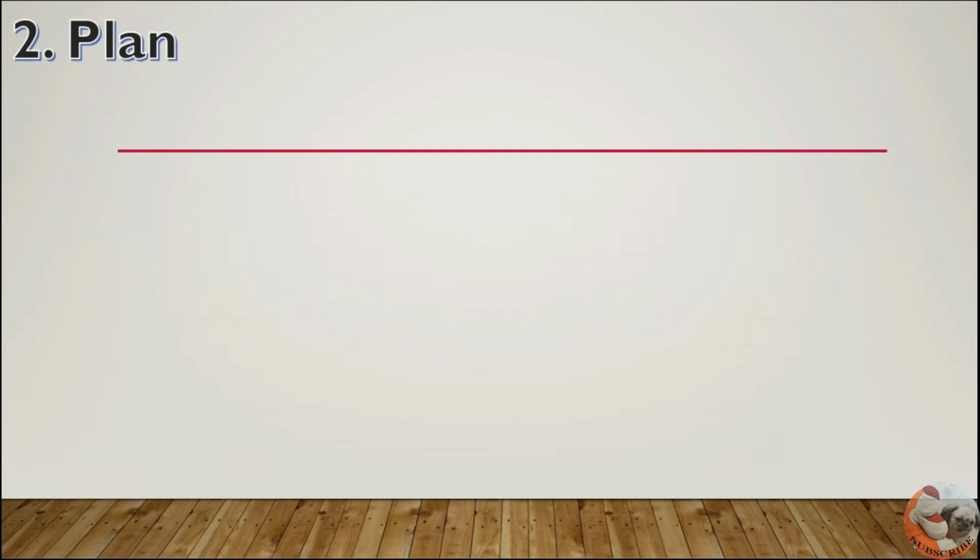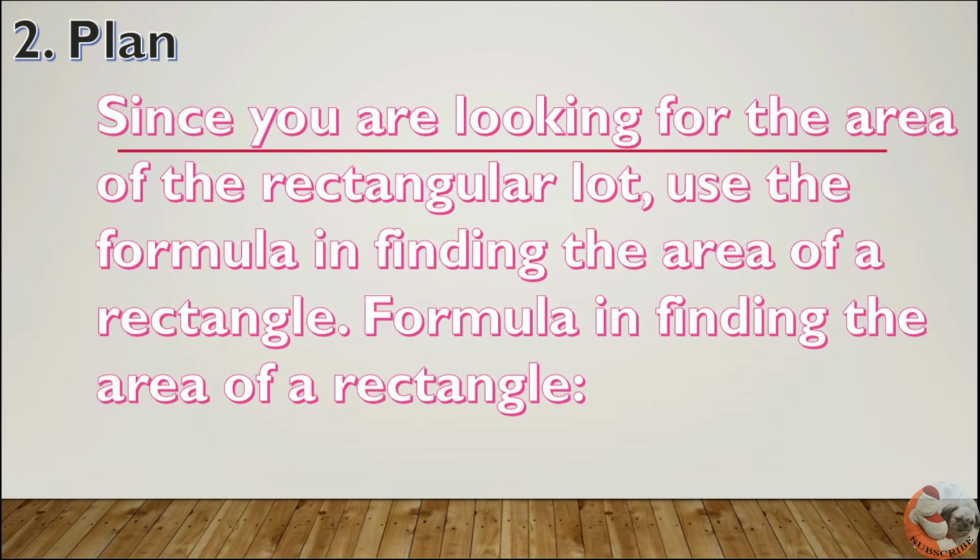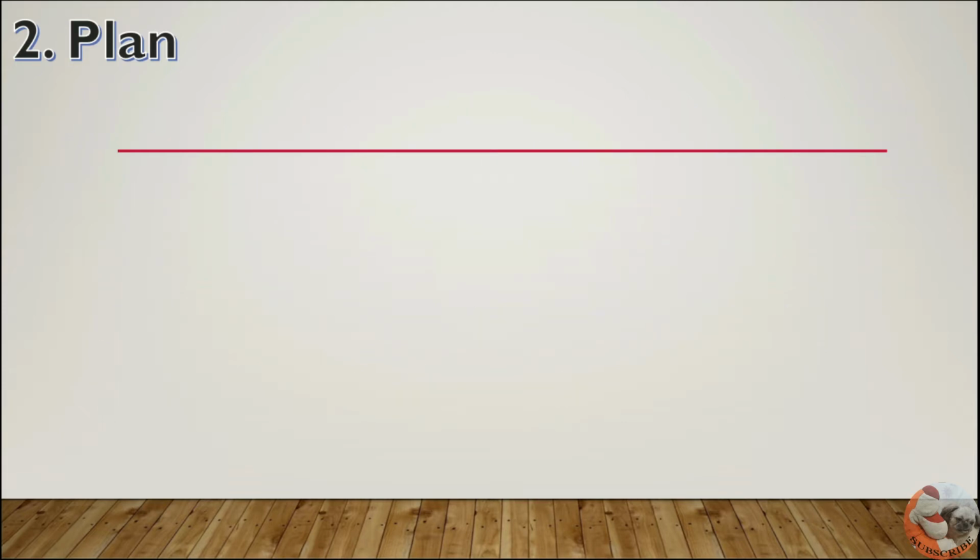Next, plan. Since you are looking for the area of the rectangular lot, use the formula in finding the area of a rectangle. Formula in finding the area of a rectangle: A = L × W, where A is the area, L is the length, and W is the width.